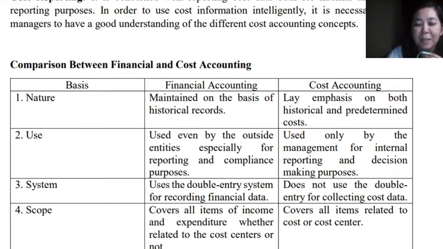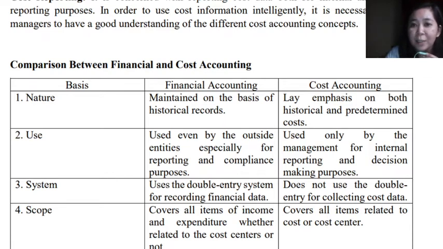When we say historical cost, these are the initial costs that were incurred in purchasing, installing, or constructing, or availing an asset, or even a liability or other elements of our financial statements.